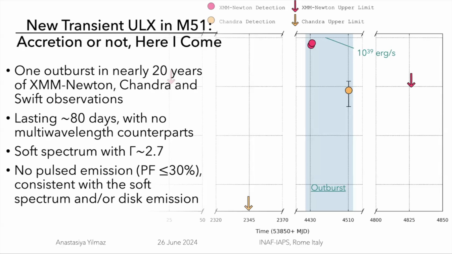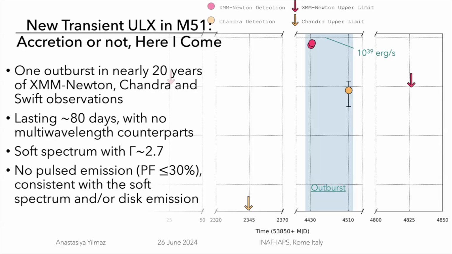So this specific one, we see going through an outburst only once in almost 2 decades of observing time, which we were able to track with XMM-Newton, Swift, and Chandra. This specific outburst lasted about 80 days, although there's a little bit of room for error because we were not able to see any further observations with Chandra.